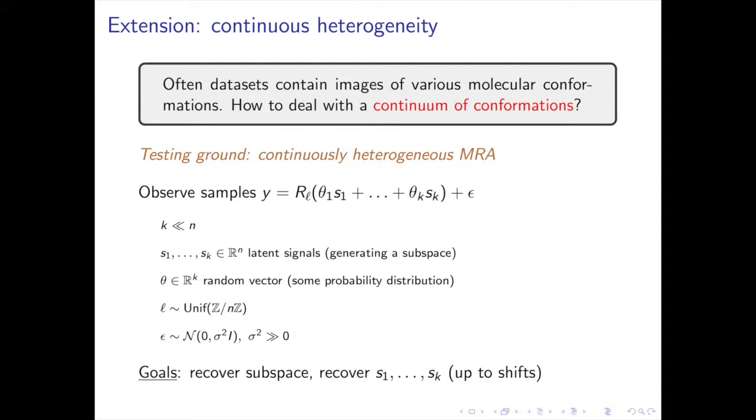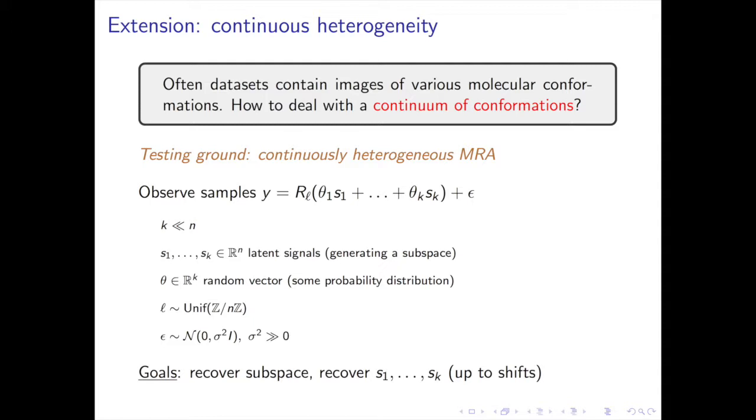Suppose you have some one-dimensional signals on the circle, k of them, S1 to Sk. What you see is a signal in the span of S1 to Sk, cyclically shifted with noise. The notation is now R to the n. In R to the n there's some k-dimensional subspace, so maybe 2-dimensional.